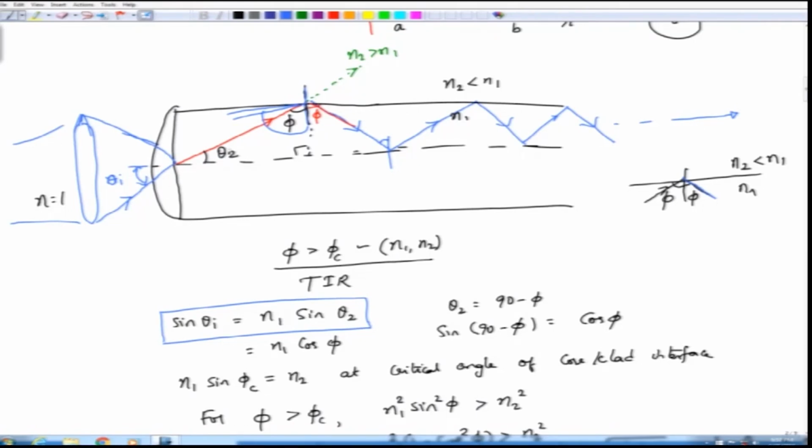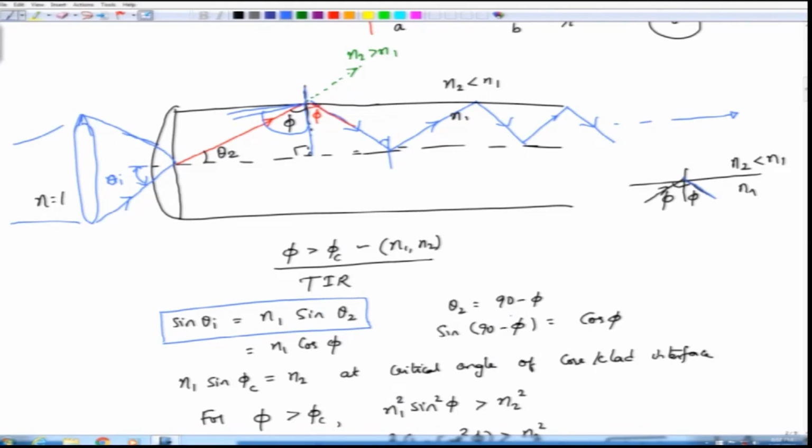However, theta 2 is not what I need to calculate the critical angle at the core cladding interface. What I need is phi, and I know that theta 2 and phi can be related, because if I complete this right angle triangle, then phi is given by 90 minus theta 2, or theta 2 is given by 90 minus phi.